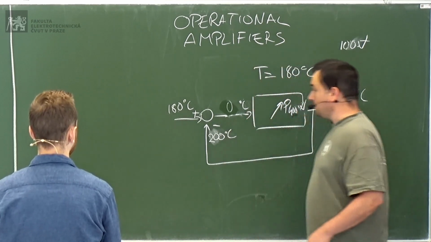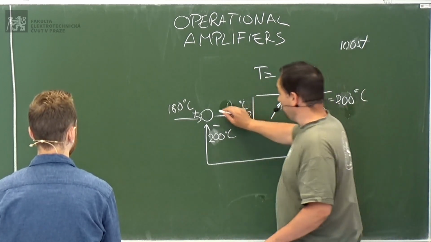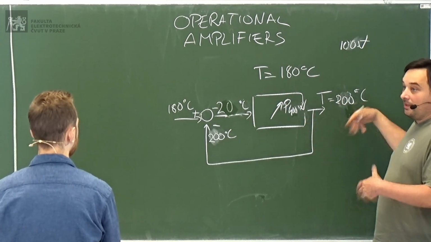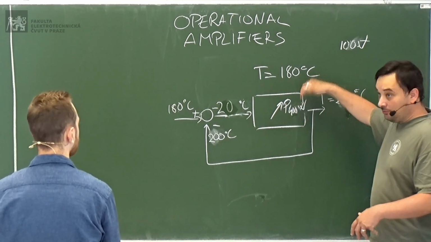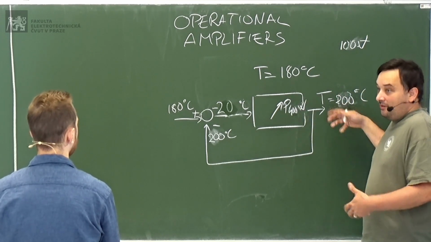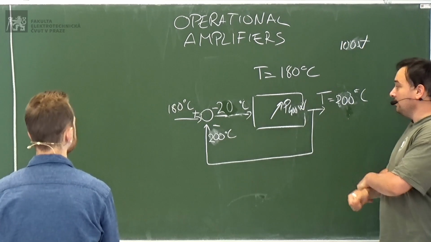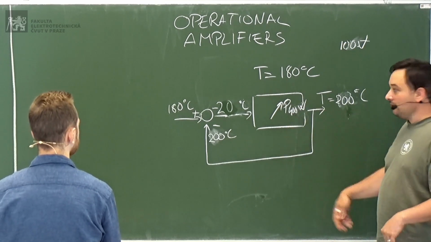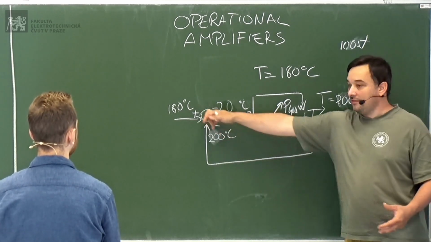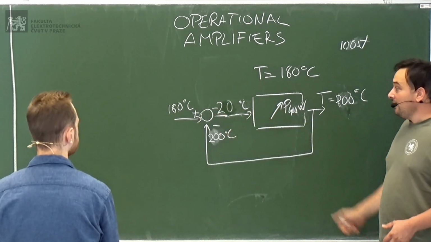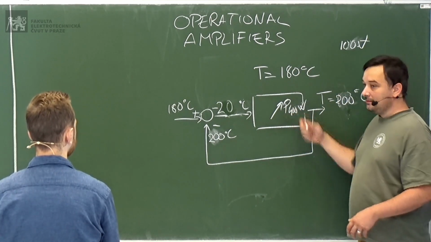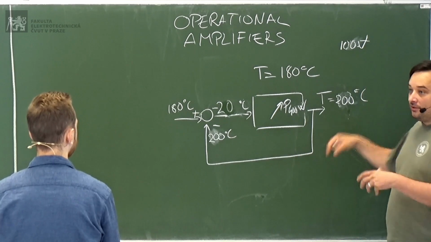The difference would be minus 20, which means you're warming up too much, so you have to decrease the power. The temperature in the oven is more than what you want. So it's automatic: it checks the difference between what you want and what you have, and automatically increases or decreases the power to the oven in order to achieve the temperature.